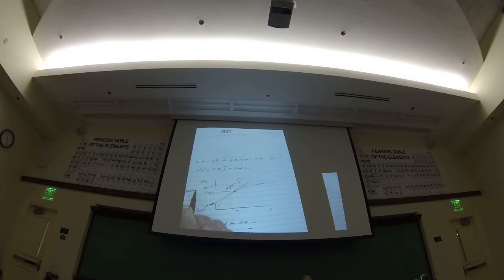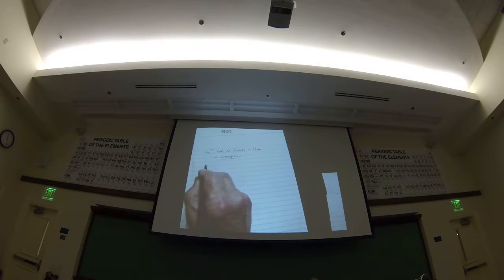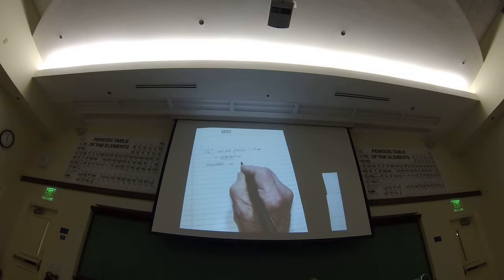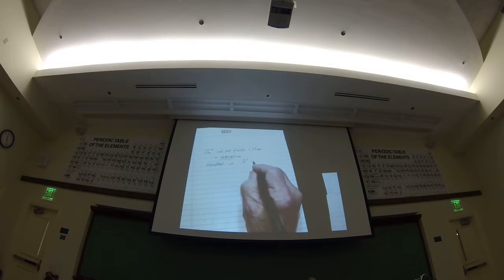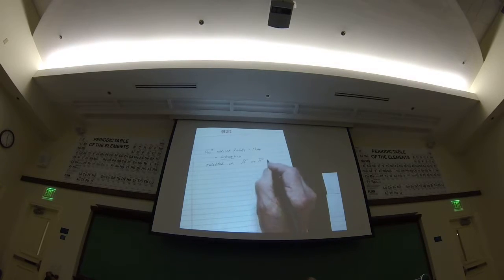So from the intercept of that extrapolated line, you get this limit, which is tagged H2 bar 0.